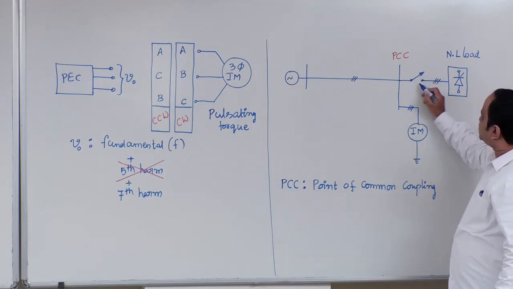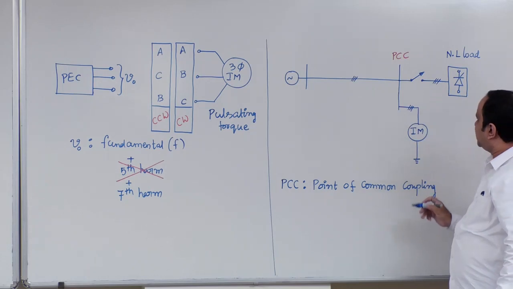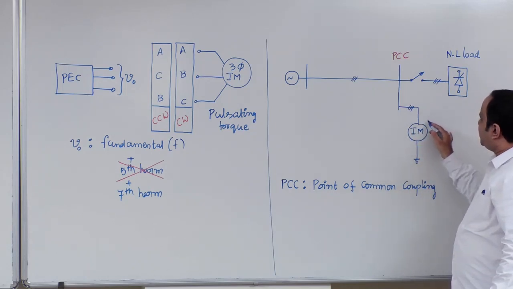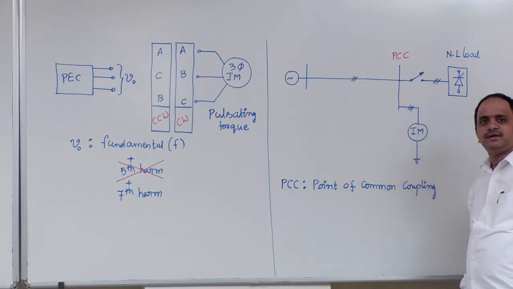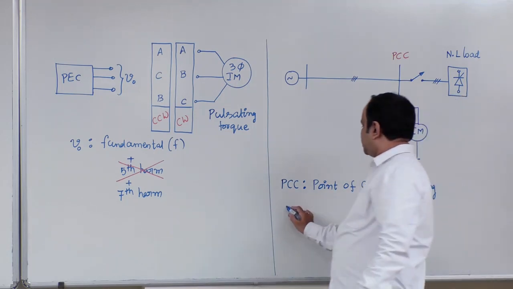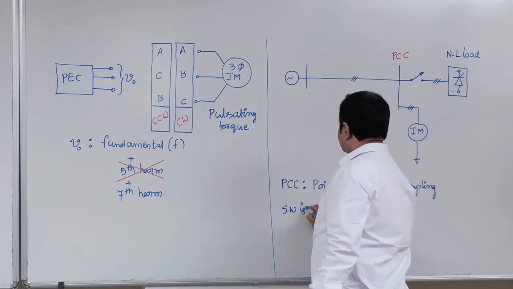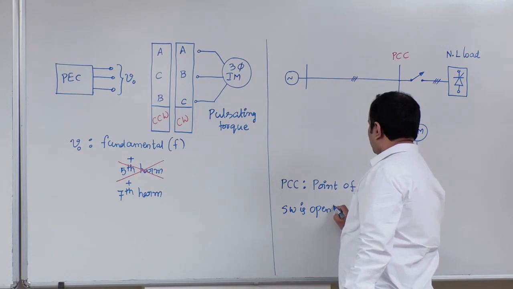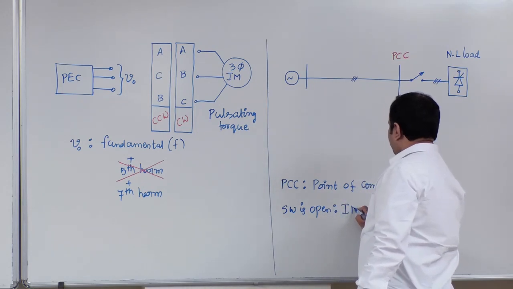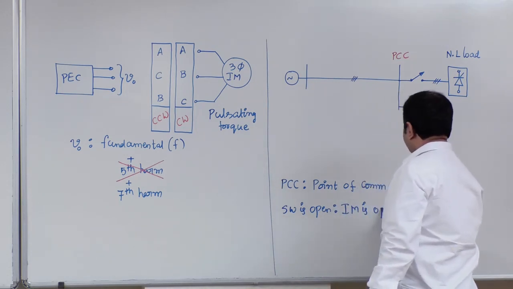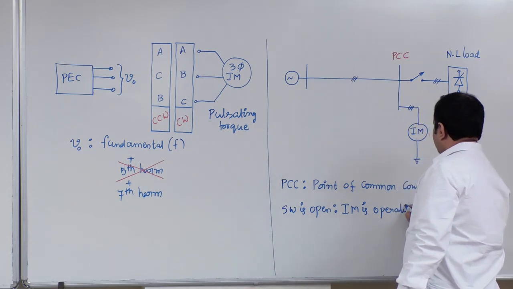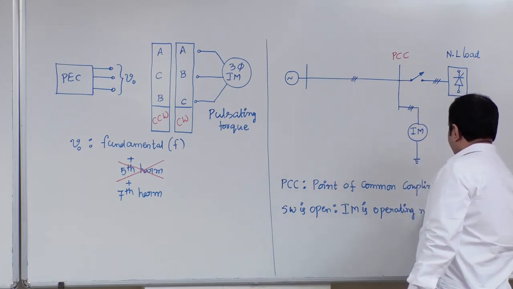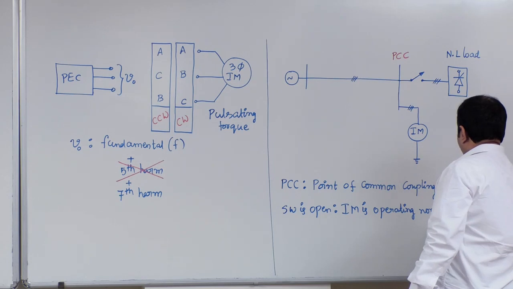Whenever this switch is in the open position, it is noted that the induction machine is operating normally. Okay. If the switch is open, the induction motor is operating normally.